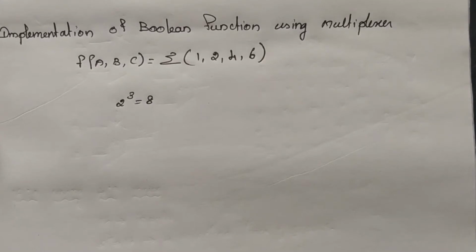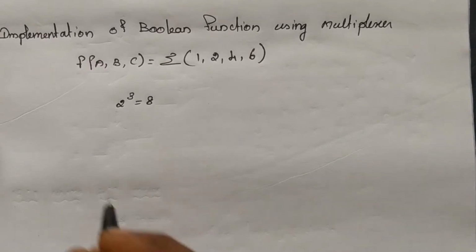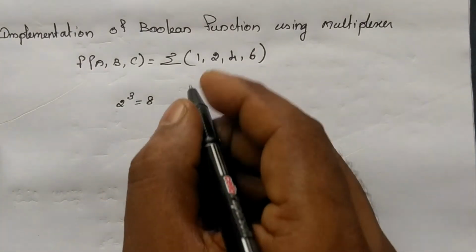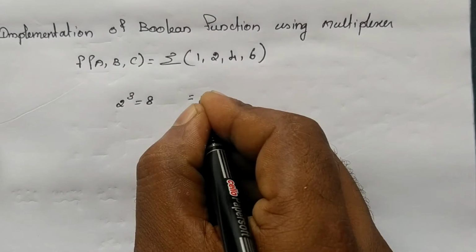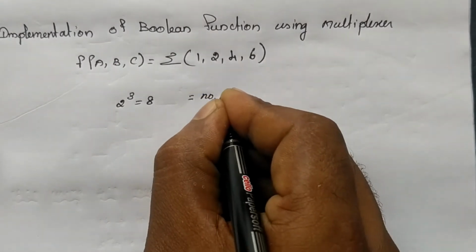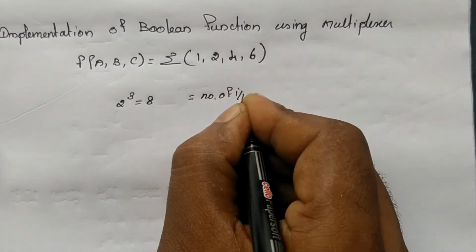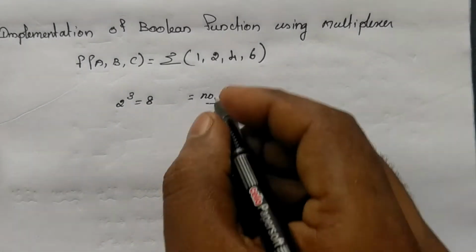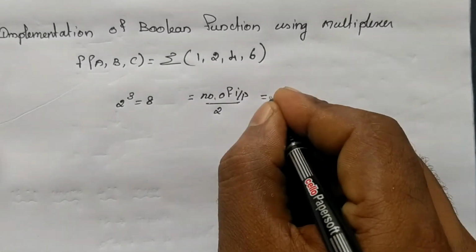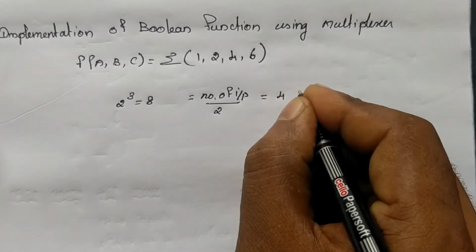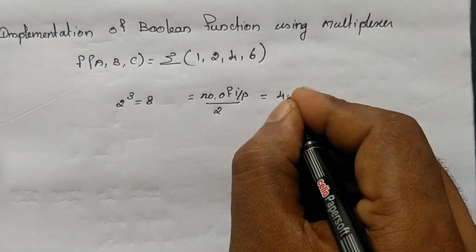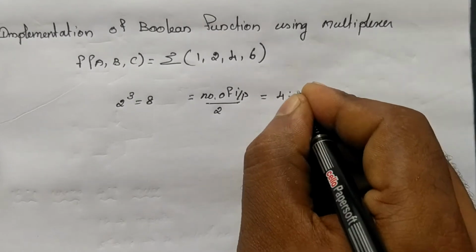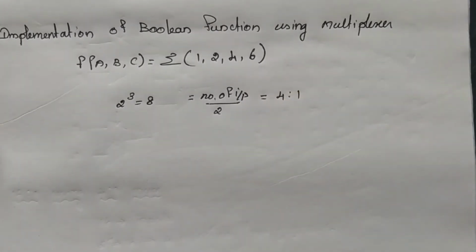Totally we will have 8 input combinations. So the mux representation will be number of inputs divided by 2, which is 8 by 2, equal to 4. Therefore here we need to use a 4:1 mux.